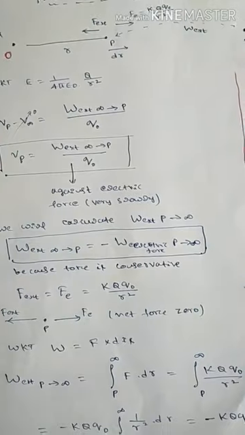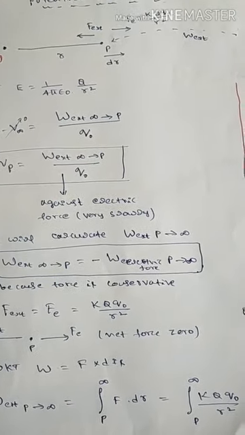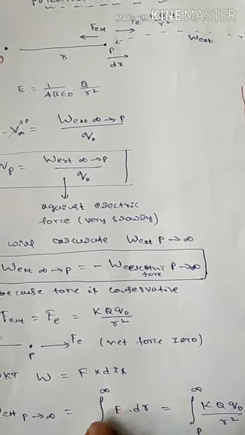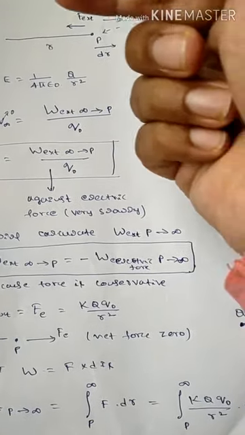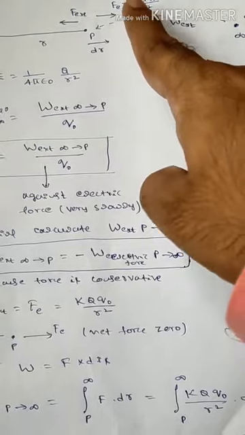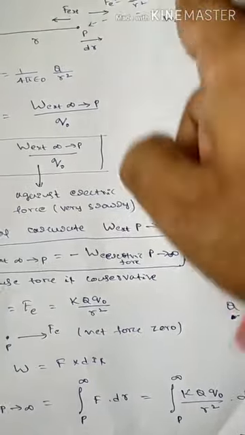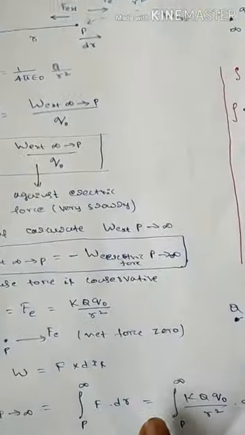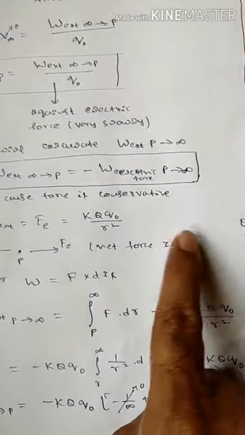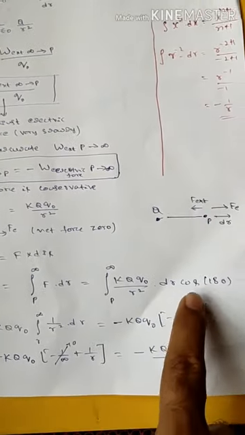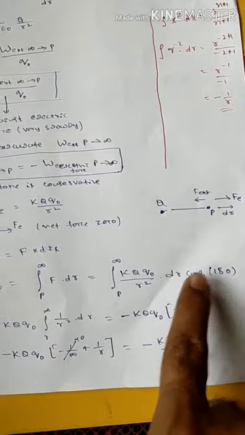External force and F e are equal, that's why in place of external force we take F e. Here is the force direction, here is the displacement direction, they are in opposite directions. That's why cos 180 is minus 1.